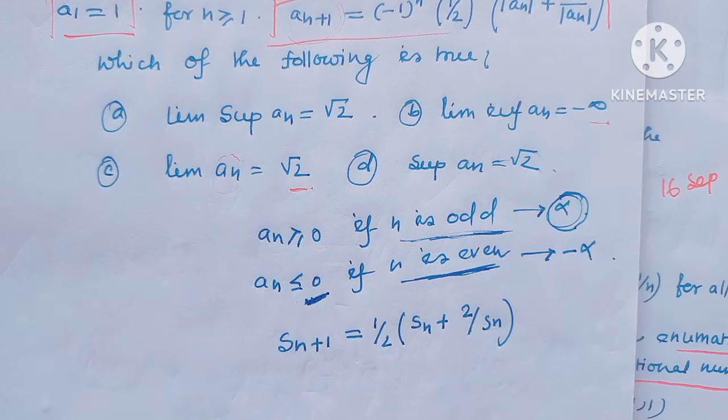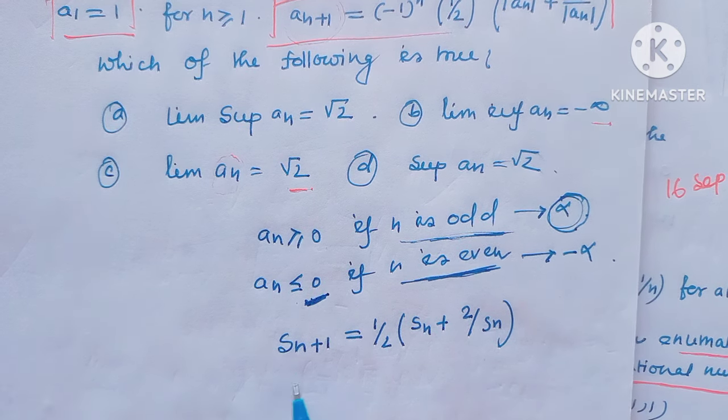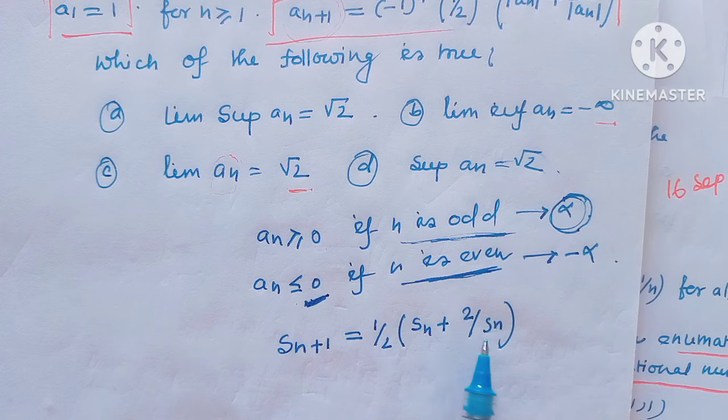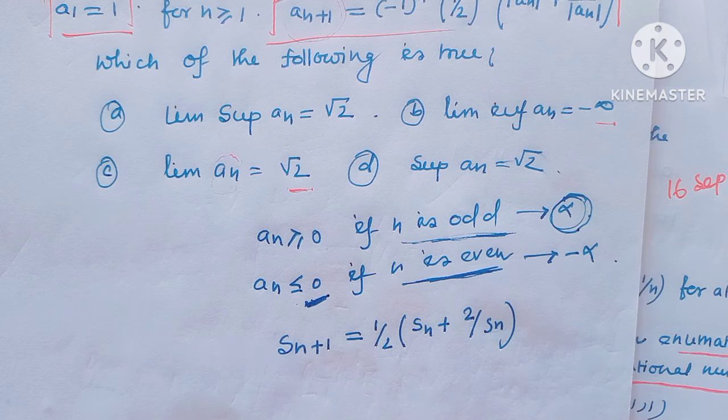So at first consider the positive term sequence: Sn plus 1 equal to half of Sn plus 2 over Sn. Now notice, this sequence converges to which point?